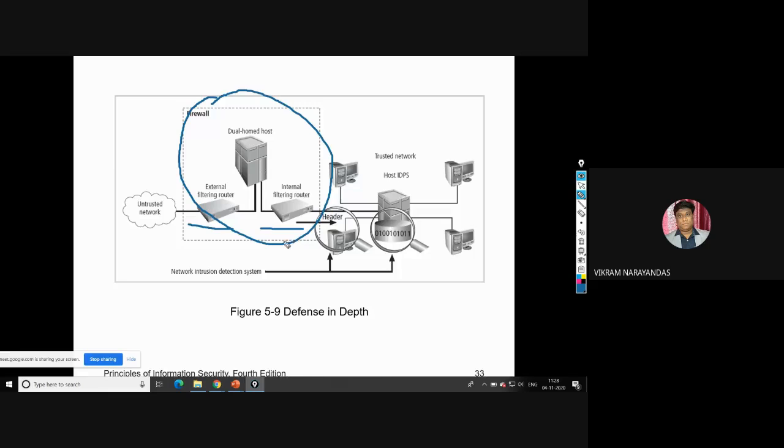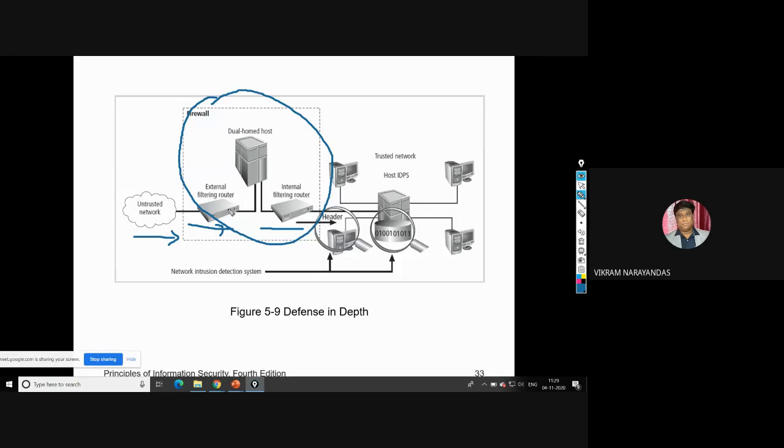So what about the packets coming from the untrusted network? They should first go through the external filter router, that is nothing but a firewall. So what will the firewall do generally? The firewall will check every packet and apply some rules, whether this IP is applicable for you or not.